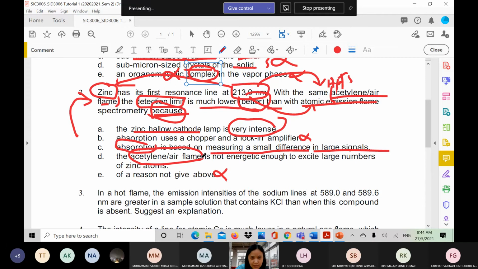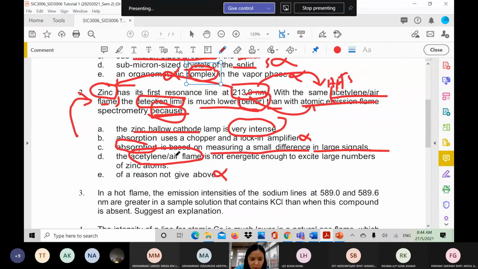Would this atomizer affect AAS and AES detection? We know that detection for AAS is the absorption. The excitation for AAS is caused by the light source, right? So for AES, the excitation is caused by what? By the energy source, which is the acetylene air flame.